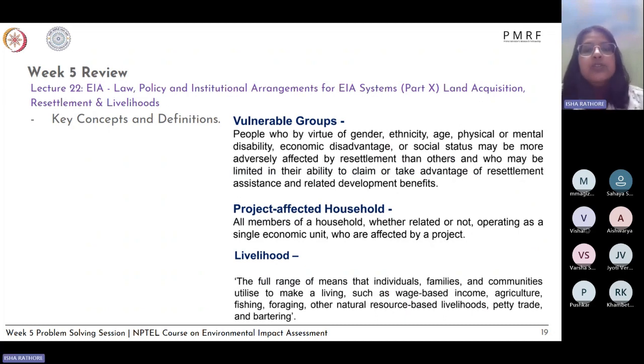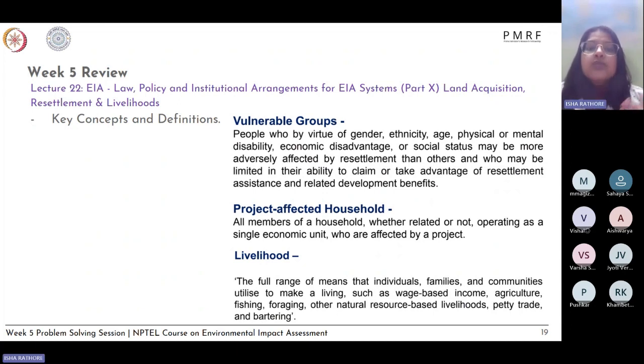Then we have vulnerable groups. These are people who, by virtue of gender, ethnicity, age, physical or mental disability, economic disadvantage, or social status, may be more adversely affected by resettlement than others, and who may be limited in their ability to claim or take advantage of resettlement assistance and related development benefits.